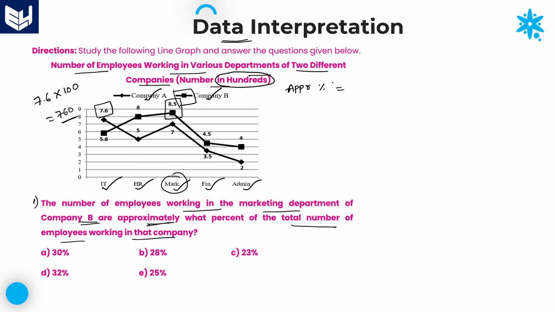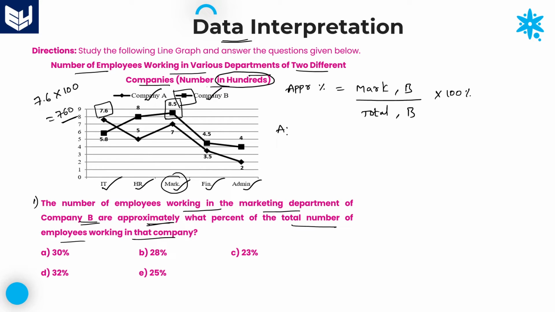This approximate percentage is the number of employees working in the marketing department of company B, divided by the total number of employees working in company B, and whenever you are calculating percentage, multiplying by 100 is a common point, right?